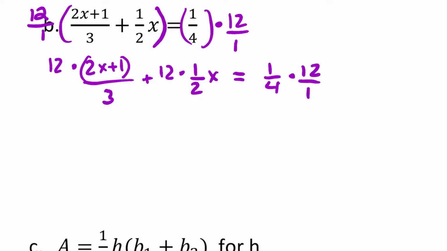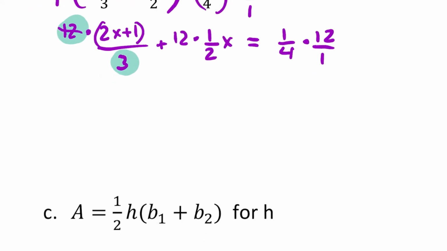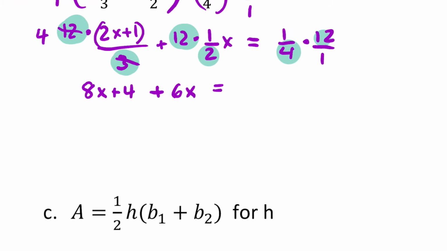It is easiest if you reduce before you multiply things together here, like this 12 divided by 3. If you go ahead and make it into 4 and then multiply and get 8x plus 4 all over 1, or just 8x plus 4. And then here I could divide 12 by 2 and get a 6x. And then over here, 12 divided by 4 is going to give me 3.